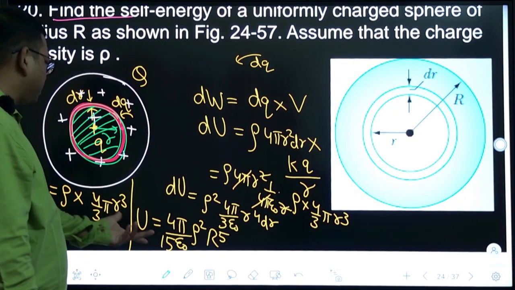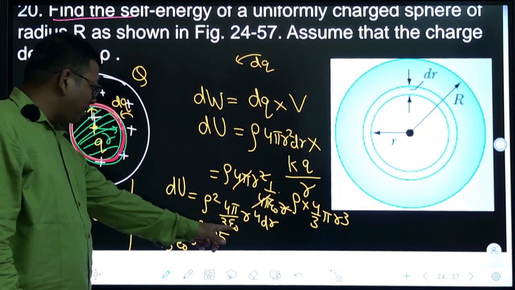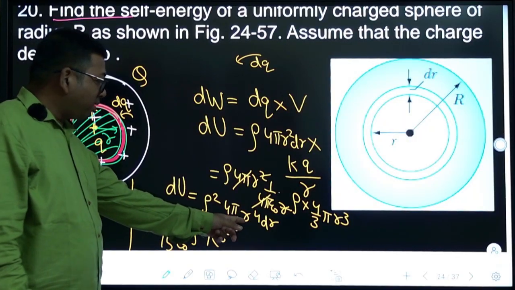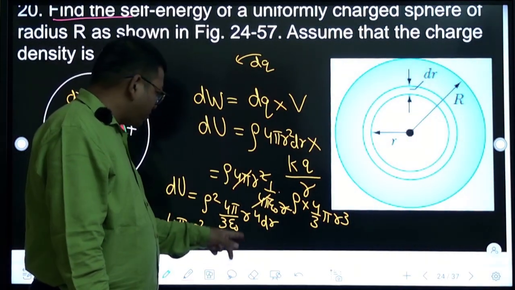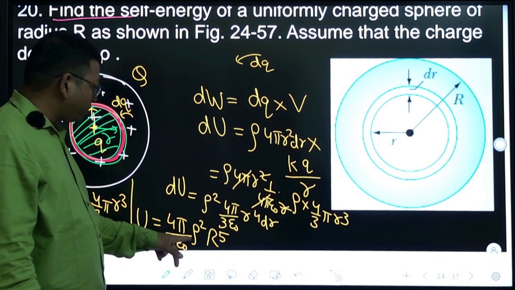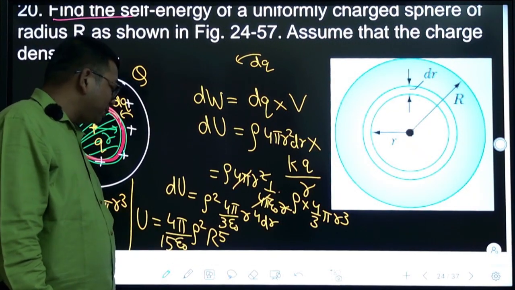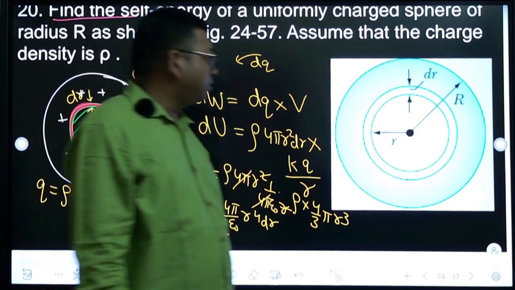But this is the correct answer then. So 4 pi by 3 epsilon naught, and here r 5 by 5. So 5 into 3, 15 epsilon naught, 4 pi rho square r power 5. That is the answer, self potential energy.